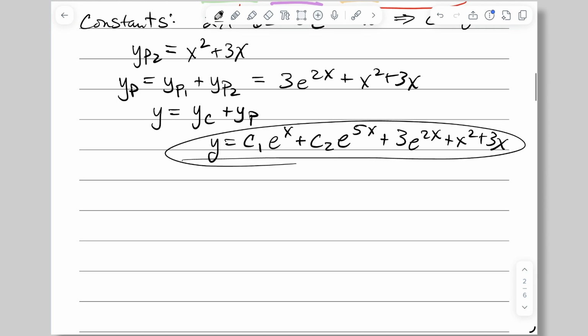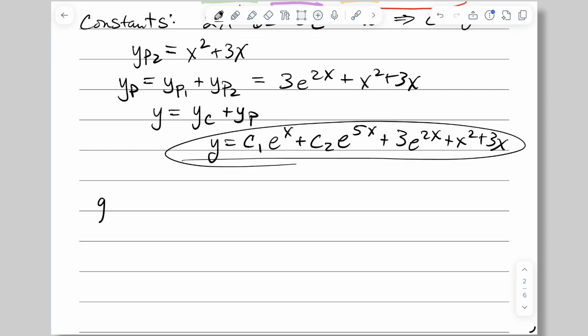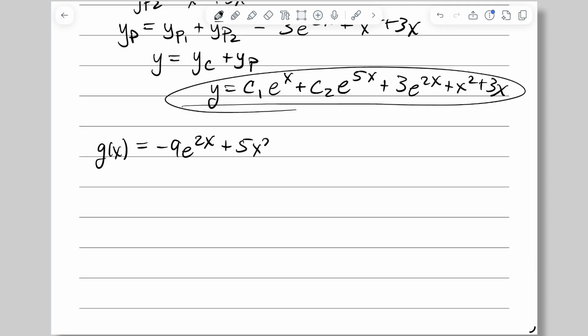This is basically how it goes. Looking at just g of x from the original differential equation, it was negative 9e to the 2x plus 5x squared plus 3x minus 16.